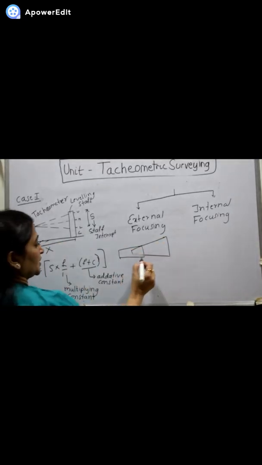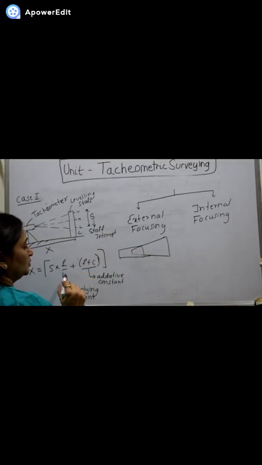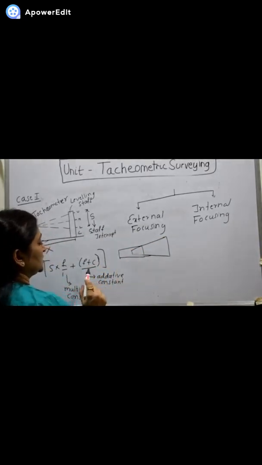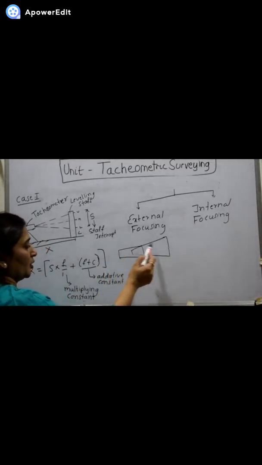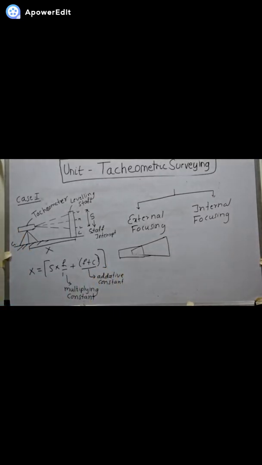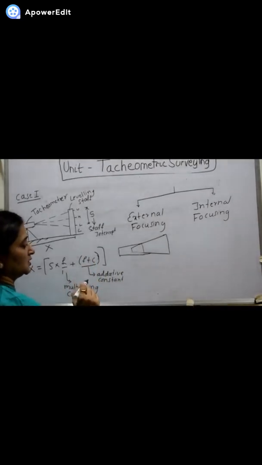Now in this case, the F by I value remains the same, but since the focal length changes as you change the distance from object glass to eyepiece because of the external focusing, the additive constant changes. So it becomes tough each time to calculate the horizontal distance.